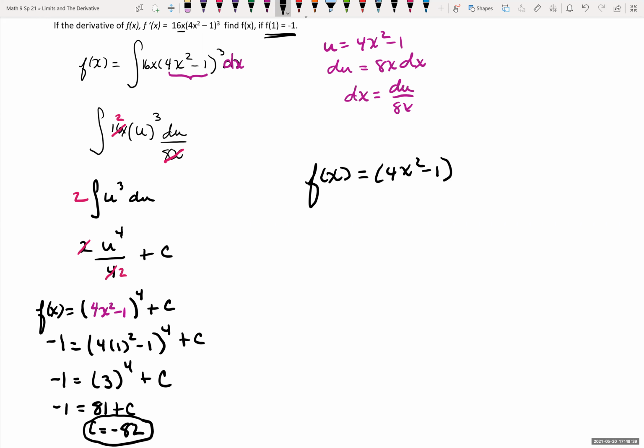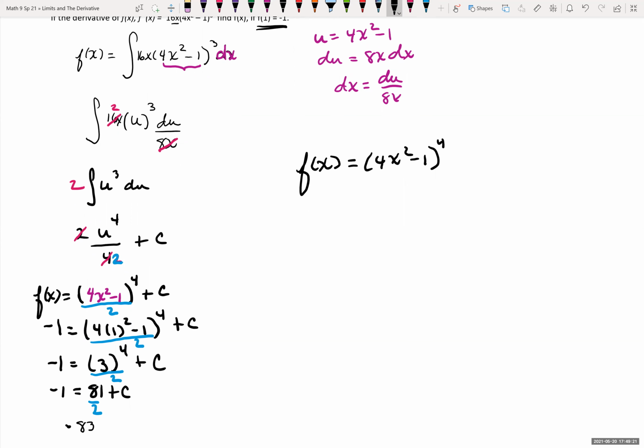So if I subtract 81 halves, and -1 is -2 halves. So -2 halves minus 81 halves. This is actually -83 halves. Wait a minute. Yeah.